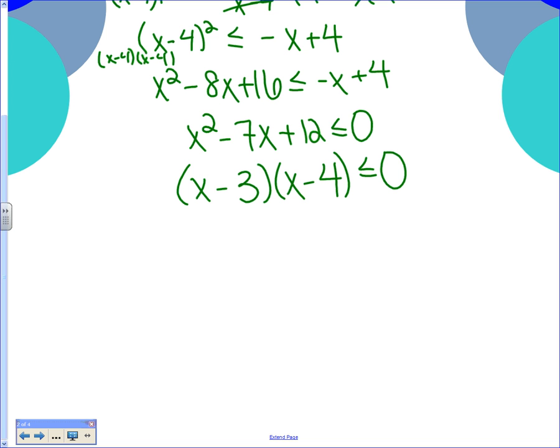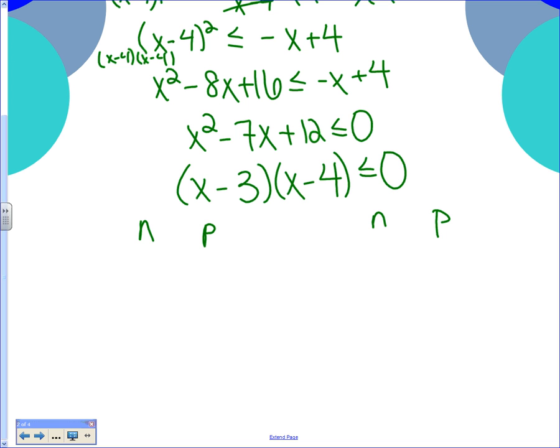Are they going to be positive, positive, negative, negative, or a negative and a positive? Why negative and a positive? This is less than 0. It has to be negative. So the only way you can have a negative number is to multiply negative times a positive, or a positive times a negative. Since it's less than or equal to 0, it has to be a negative number.